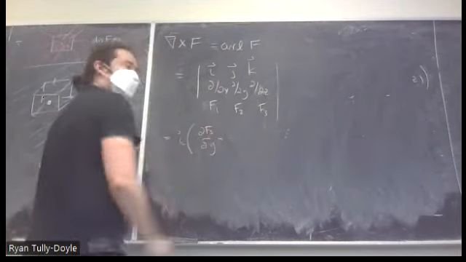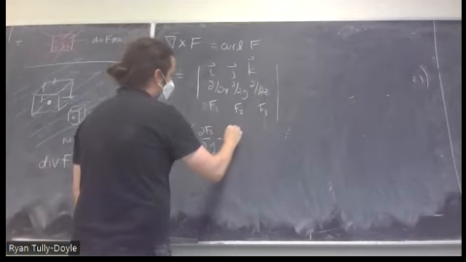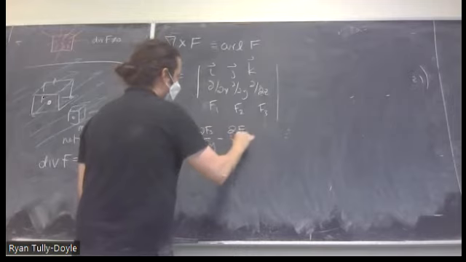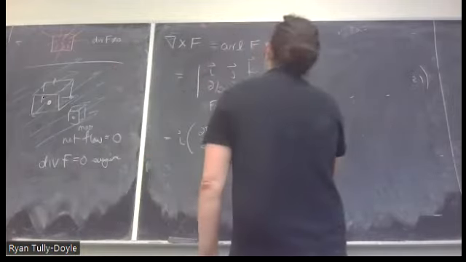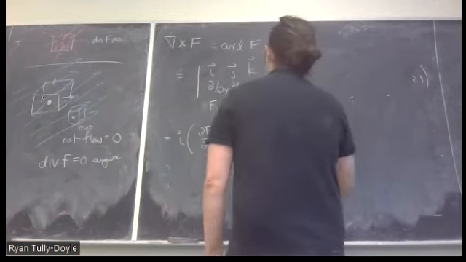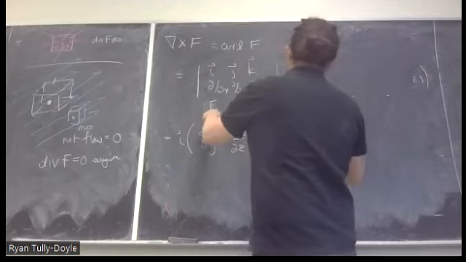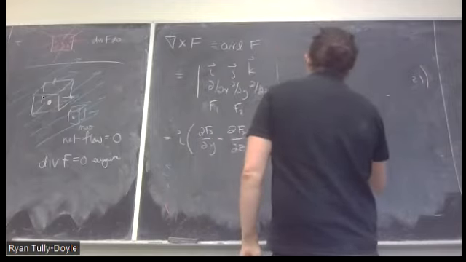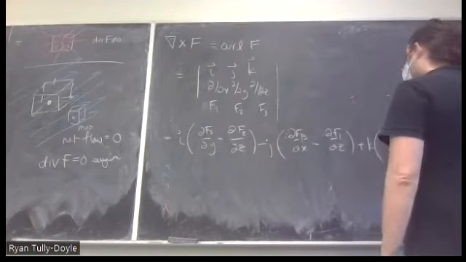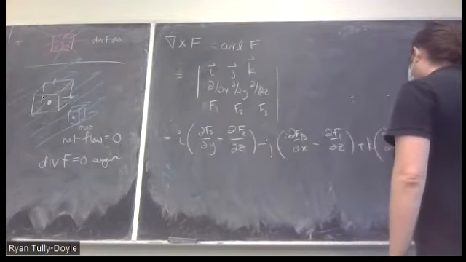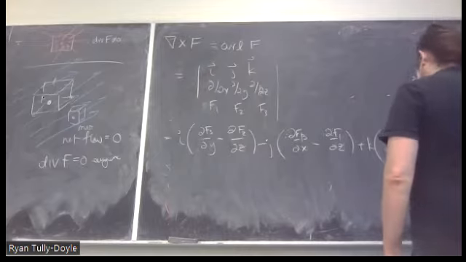Do I actually have to do this? Fine. df2 minus j times df1 dx. No, df3 dx minus df1 dt plus k times df3 dx minus df2 y.